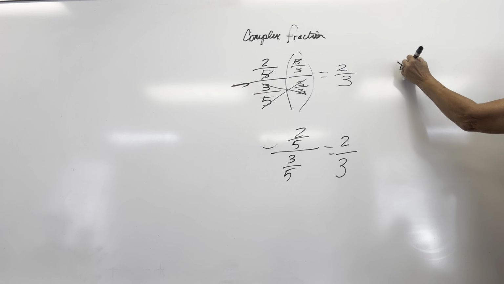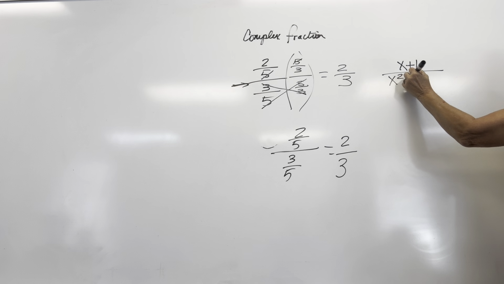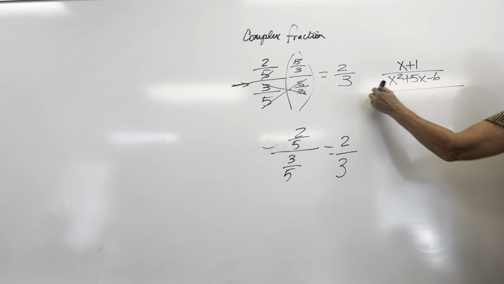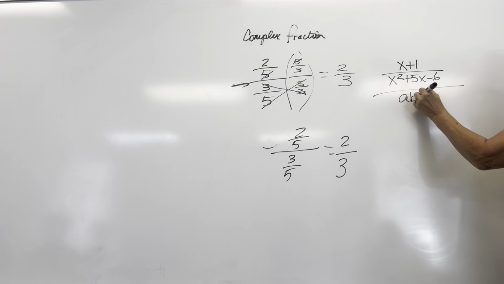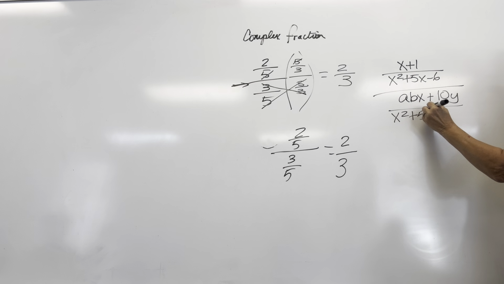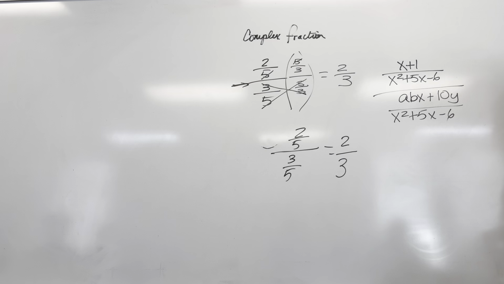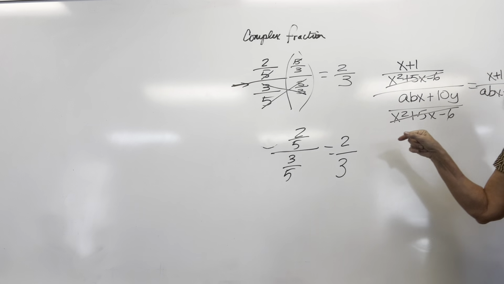If I do x plus 1 over x squared plus 5x minus 6, all over abx plus 10y over x squared plus 5x minus 6, what does that equal? X plus 1 over abx plus 10y. Because it's the same denominator in the complex fraction. So it's numerator over numerator.